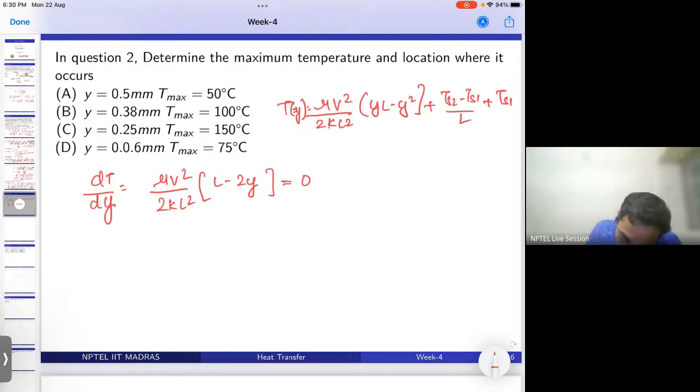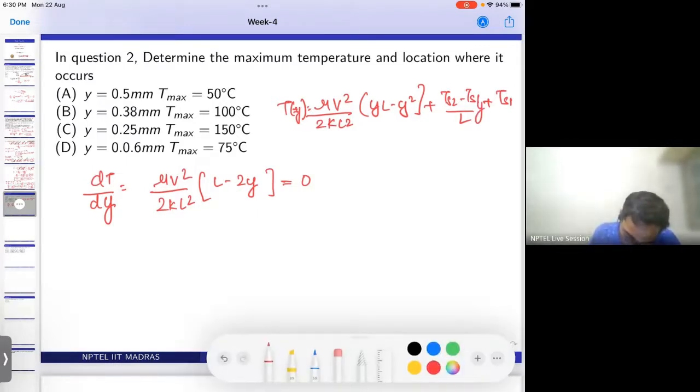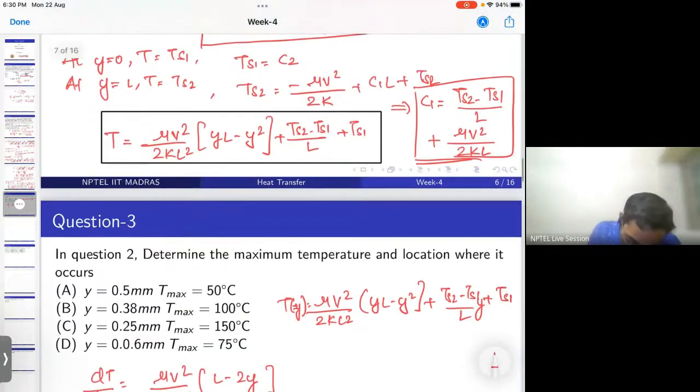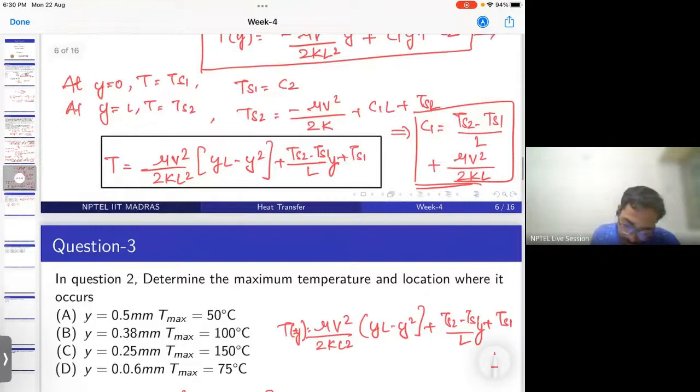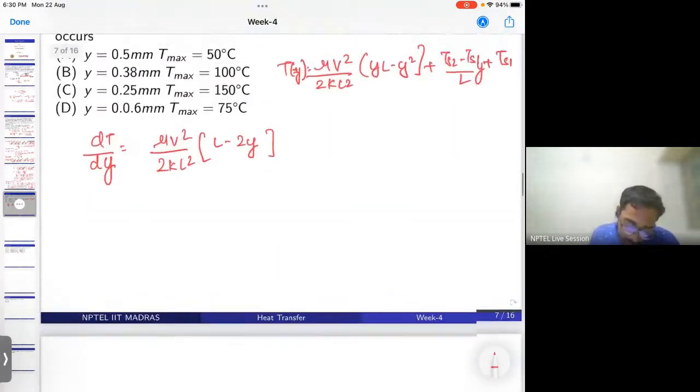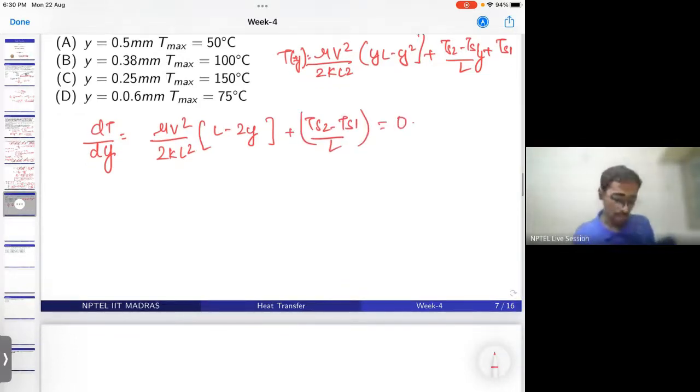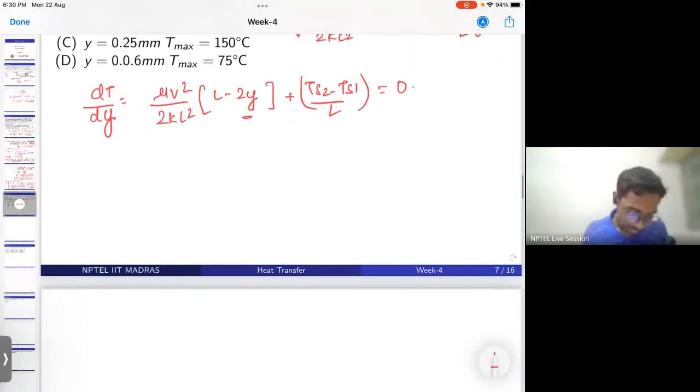Sorry, here it is 1y there; I missed it. So it becomes (Ts2 minus Ts1) by L should be equal to 0. Now we have to find out what is y.